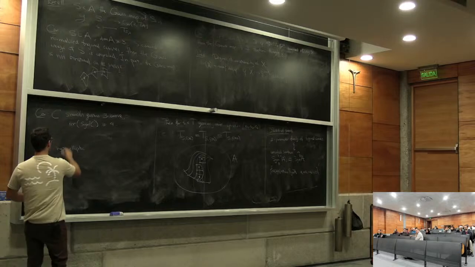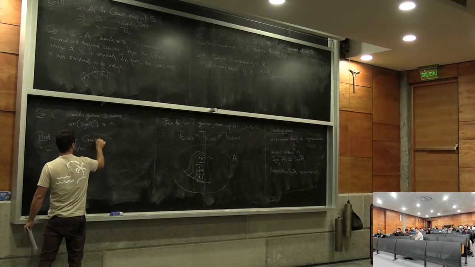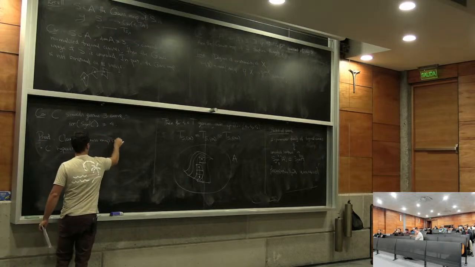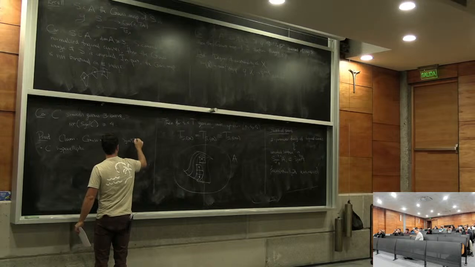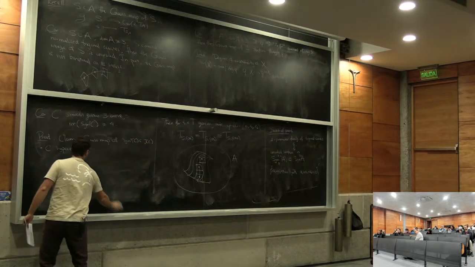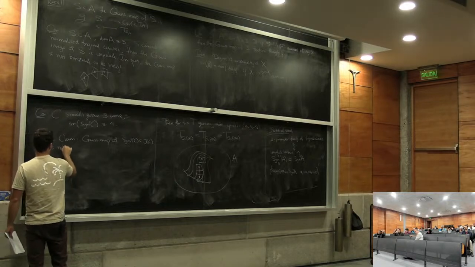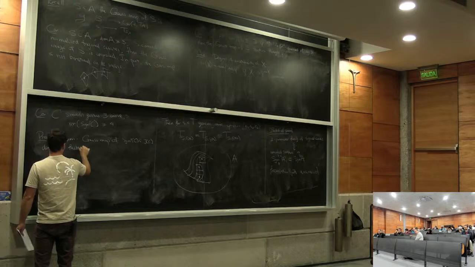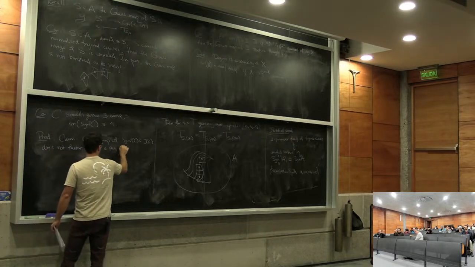Right? So the claim is the Gauss map of Sym^2 of C inside of the Jacobian of C does not factor through a degree 3 map.